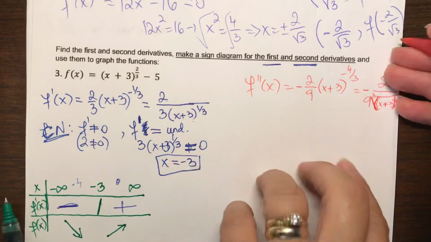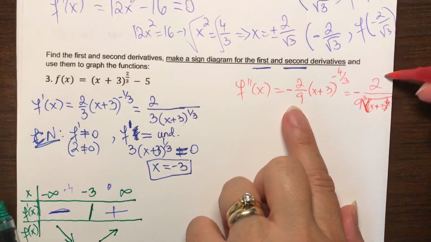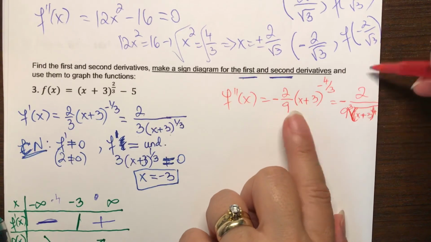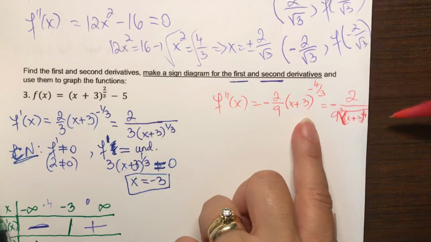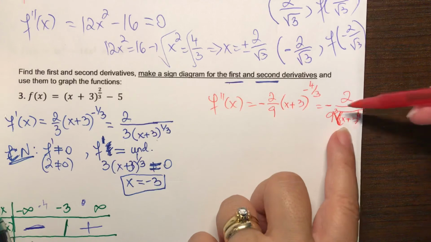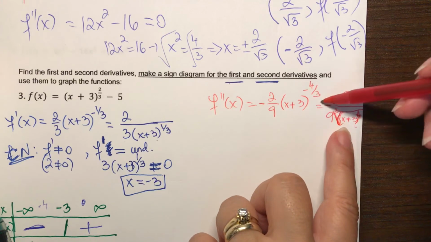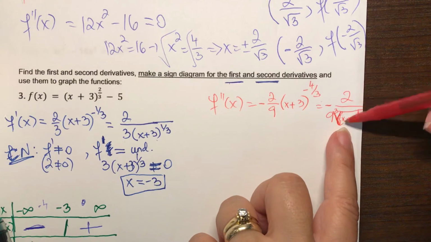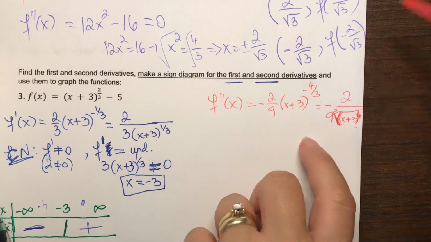Okay, so I have a negative 2 over 9. The negative exponent makes this go in the bottom, yes. So what is the 4/3 exponent? It's a cube root, right, of x plus 3 to the 4th, right?